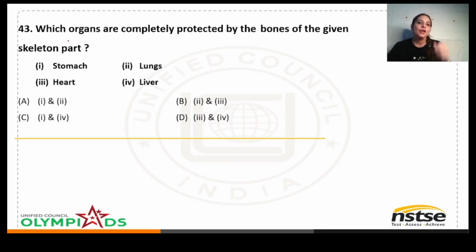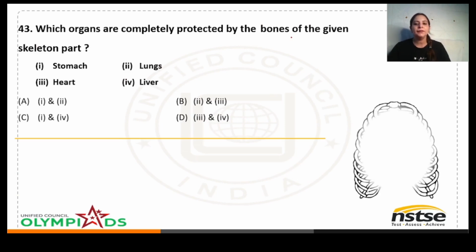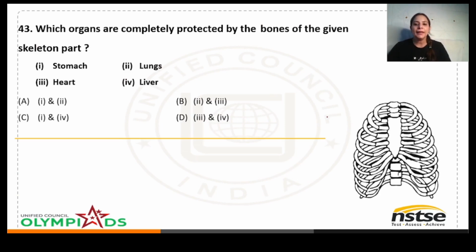Next question says, which organs are completely protected by the bones of the given skeletal part? And here we have a diagram. So this diagram is given, and it is asked which organs are present inside this cage. Now let me introduce you to this cage. This cage is a thoracic cavity.